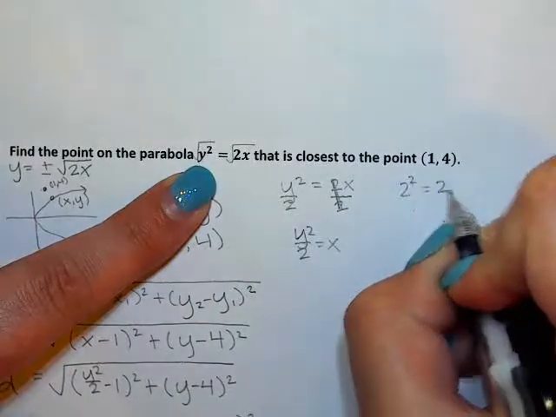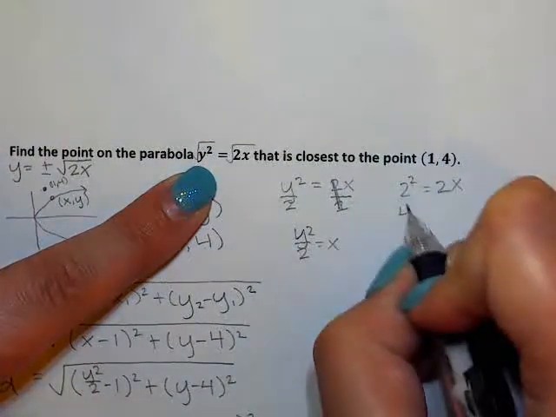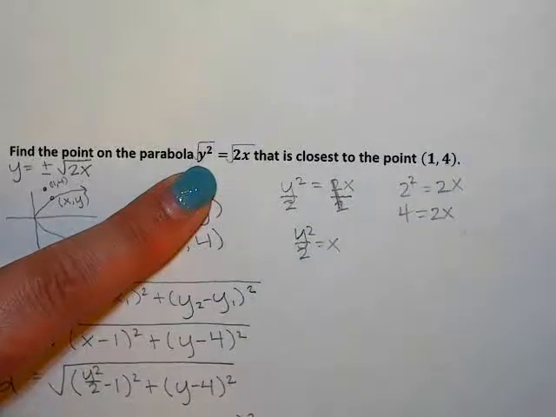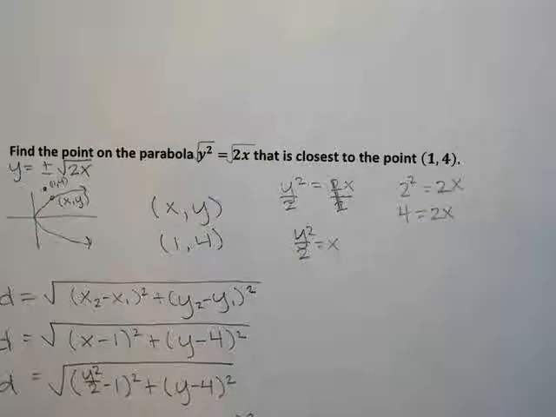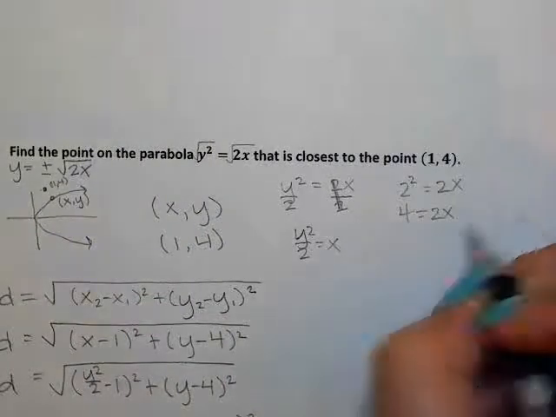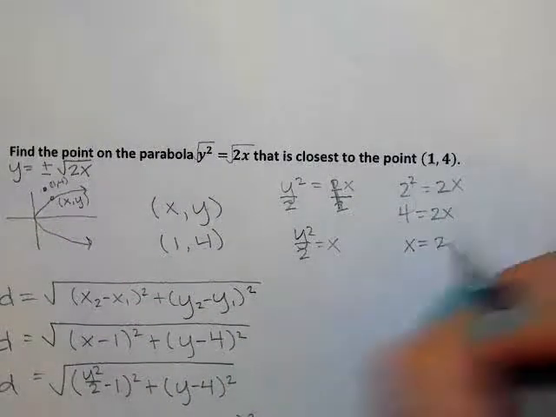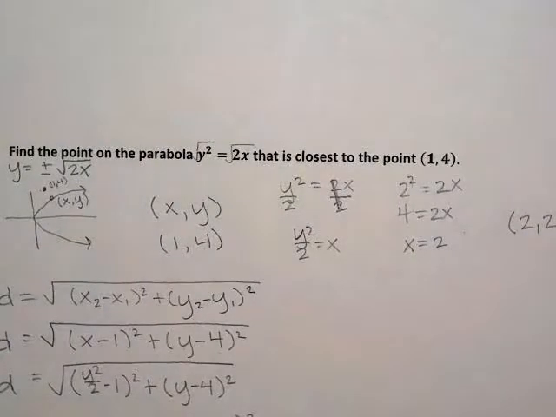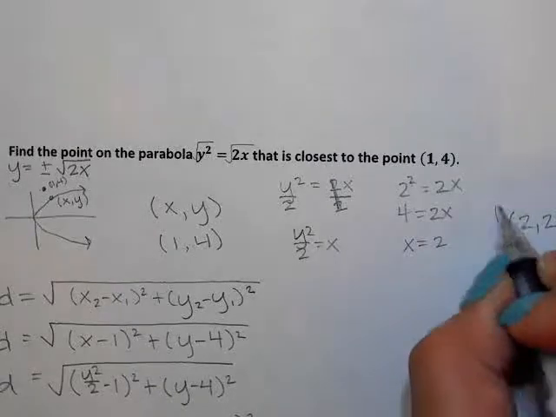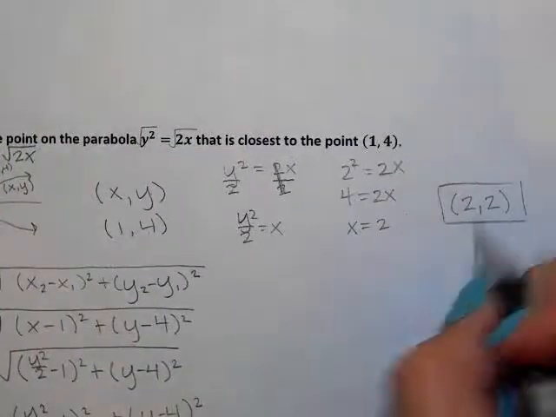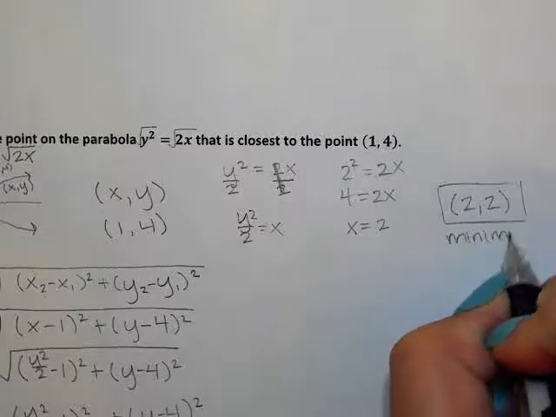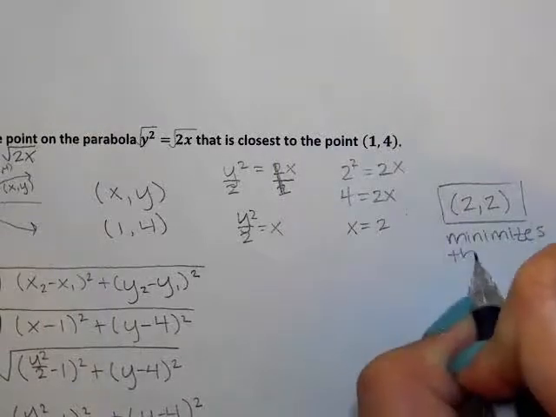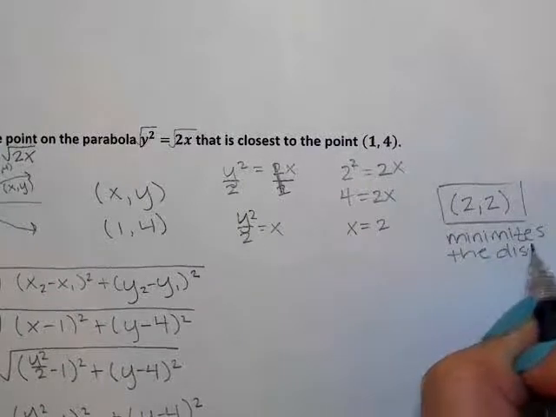And so what does x equal? x equals 2. All that work to find 2. 2, 2 minimizes the distance to 1, 4. That's a lot of work. Okay.